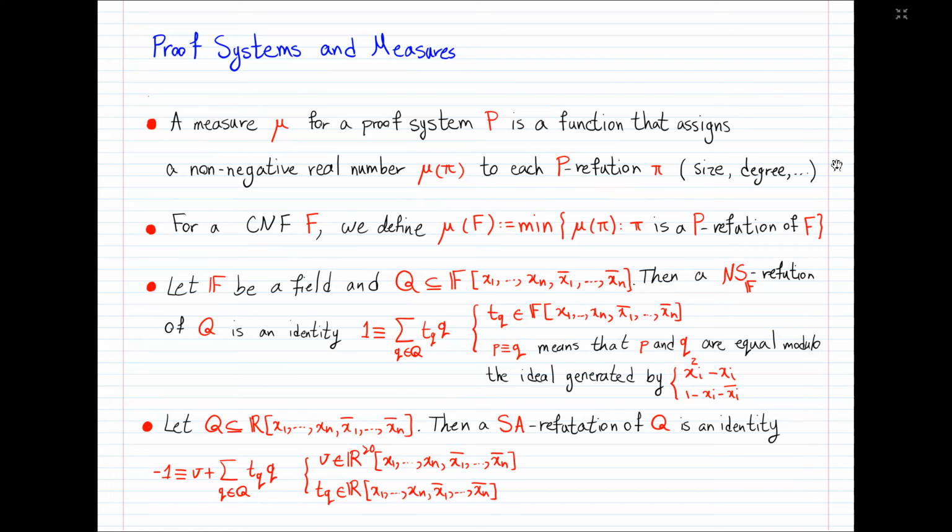The equivalence here means that the two polynomials are the same modulo the ideal generated by the Boolean axioms and the negation axiom.